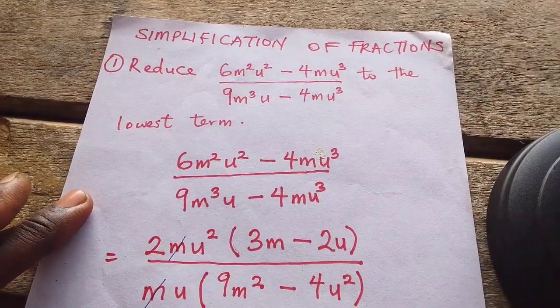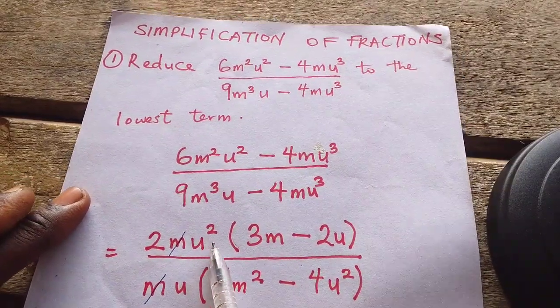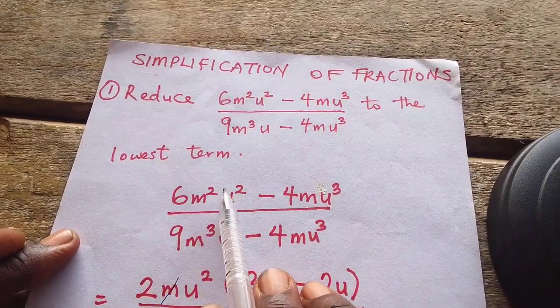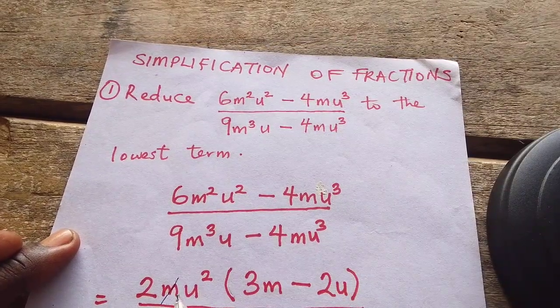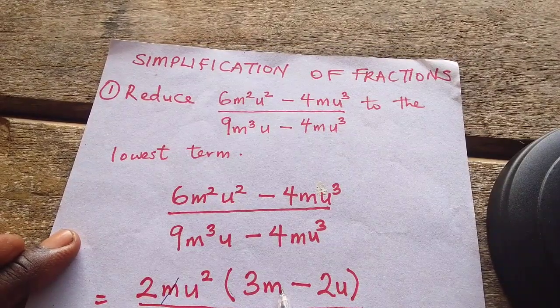So if you divide 6m²u² by 2mu², you get 3m.